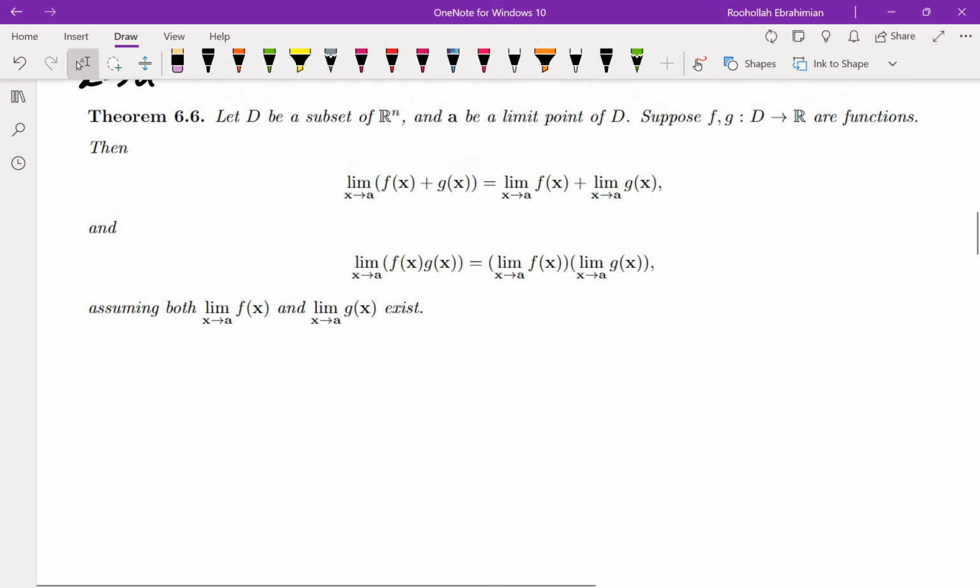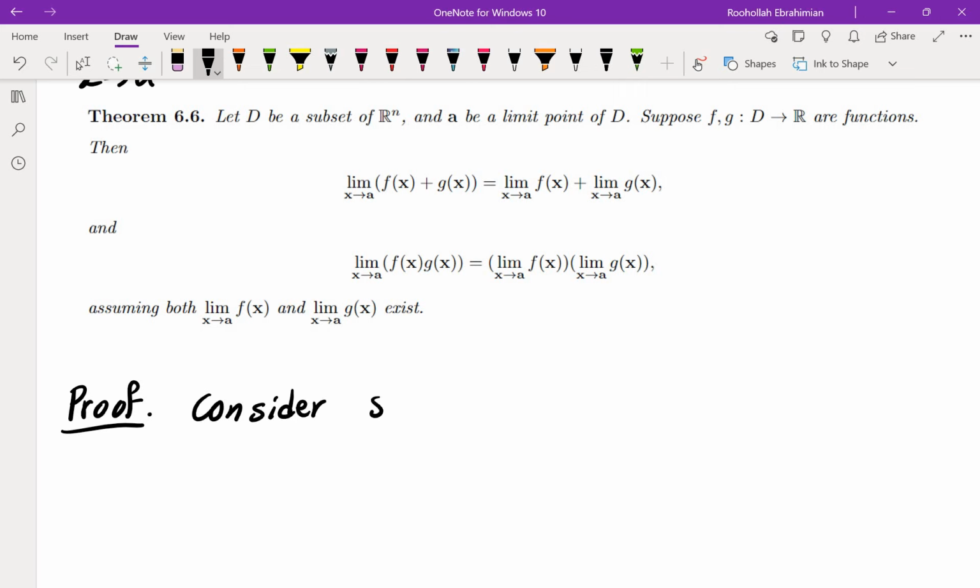Okay, let's look at the next theorem. So the next theorem allows us to use some properties of limits, which is that the limit of a sum is the sum of limits, and the limit of a product is the product of limits. So in order to do that, you could either use epsilon delta directly, or you could use the previous theorem and the fact that sum and product are in fact continuous functions. So consider these functions.